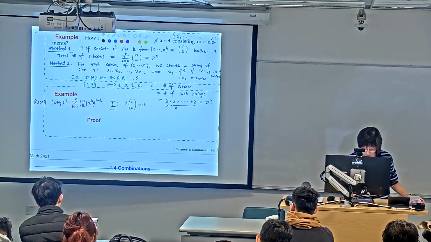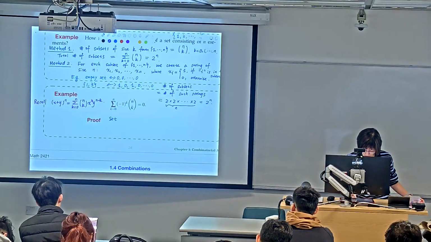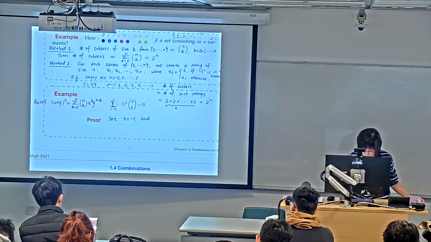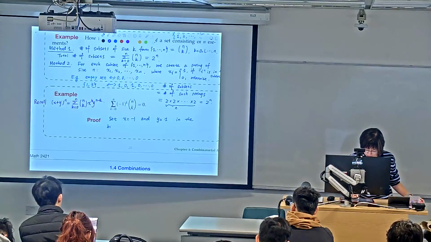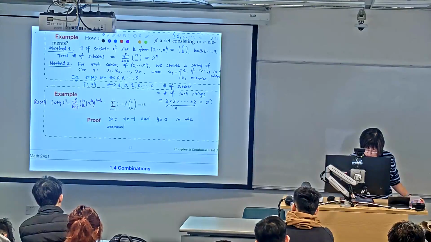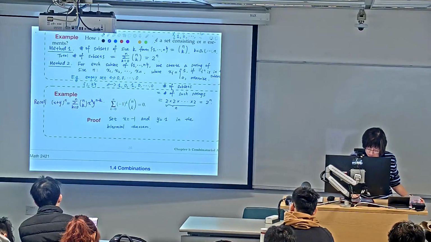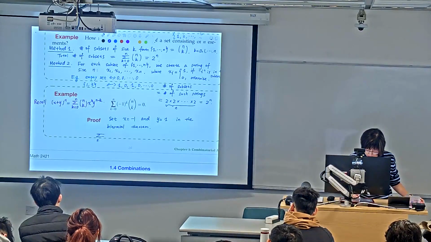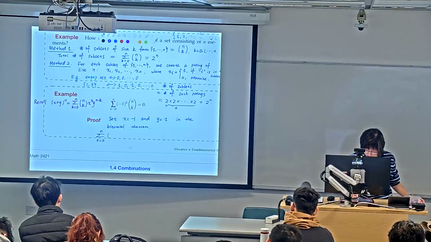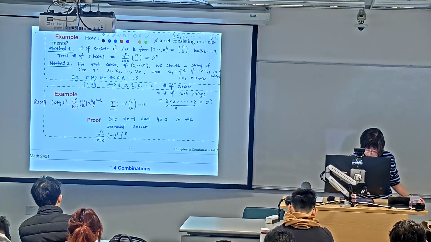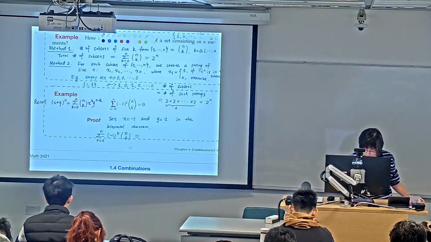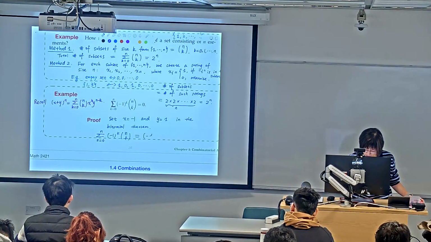So just set x equals minus 1 and y equals 1 in the binomial theorem. We get the sum of minus 1 to the k, n choose k. This is equal to minus 1 plus 1 to the power n, which equals 0.